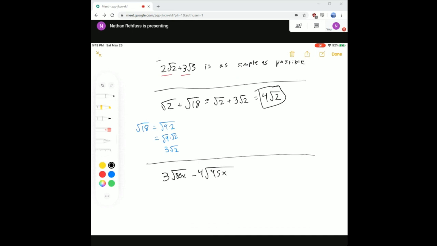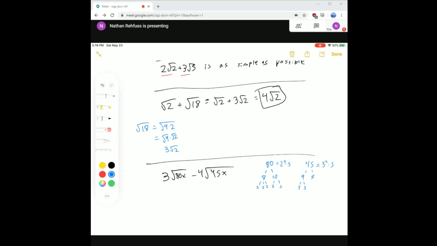Because neither of these is really simplified, right? 80 is 8 times 10, 10 is 2 times 5, and 8 is 2 times 2 times 2. So there are definitely some squares in there. So it's 2 to the 4th power times 5. And 45, well, that's 9 times 5, and 9 is 3 times 3. So there's a square in there as well. It's 3 squared times 5.